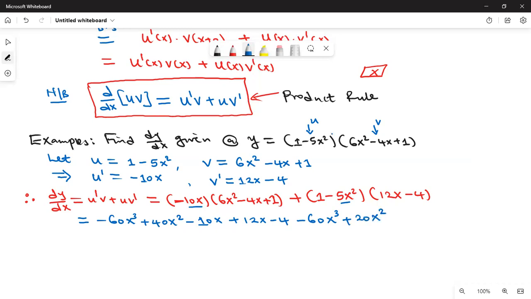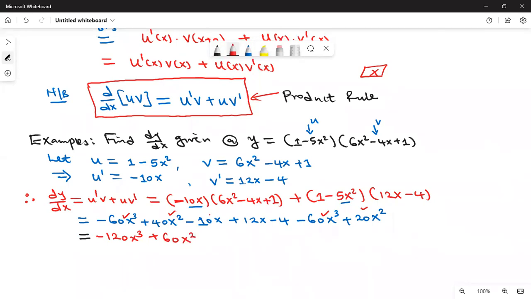Now you can simplify. We get negative 120x cubed, having combined these. Then for the x squared, I can see 40 and 20, so that will give us plus 60x squared.